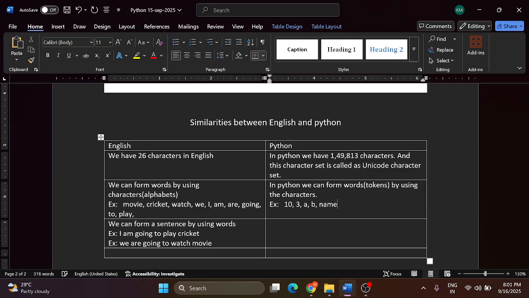Understand? So 10 is a token, 3 is a token, A is a token, B is a token. Let's say name is a token. Name, collection of characters here, it's also a token. Collection of characters also said to be token. Sometimes a single character can be used as a token, just like I. Even equal to ni kuda token anachu. Do you know that? Equal to is called as what? Token. Plus is a token.